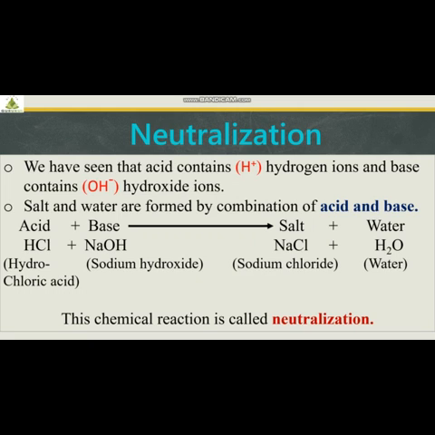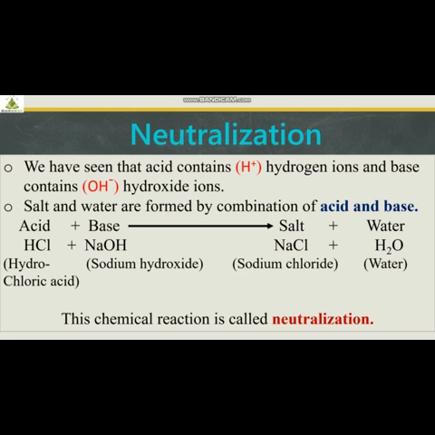So when we combine an acid and base, what do we get, students? We get salt and water. And this complete reaction is known as neutralization reaction. Let us understand with the help of an example. Students, acid plus base gives you salt plus water.